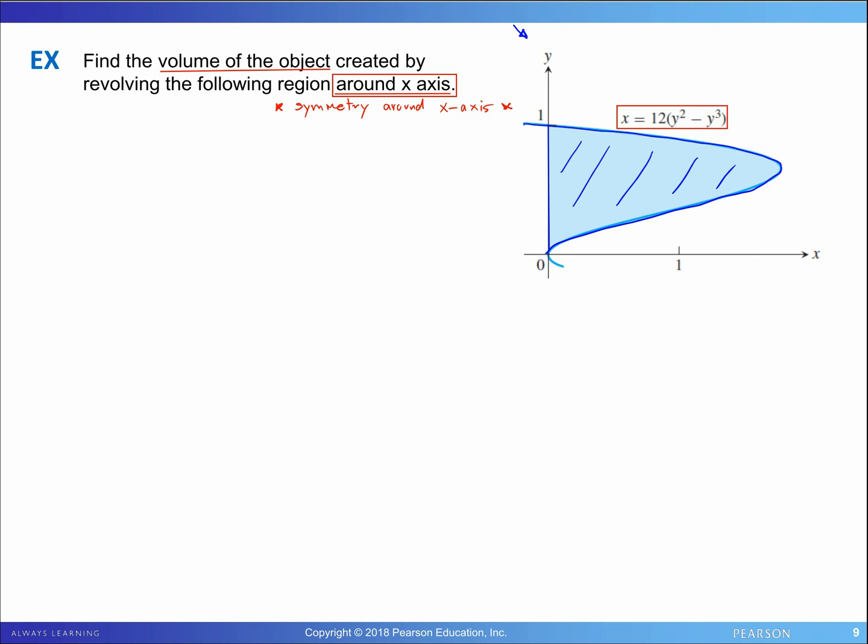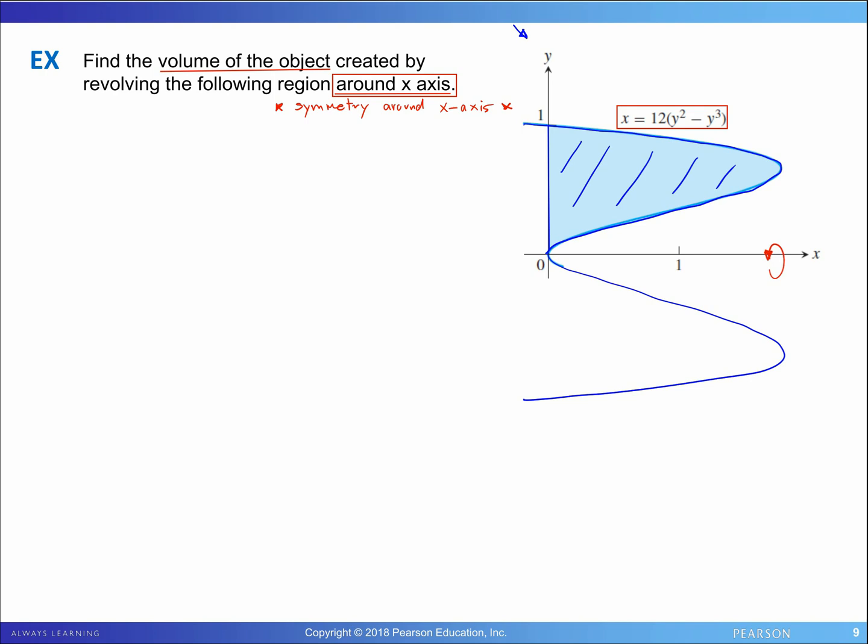And now we revolve this region around the x-axis, spin it in this direction. And now we should get the same curve under the x-axis looking like this. It's a duplicate of the curve that we have above the x-axis.